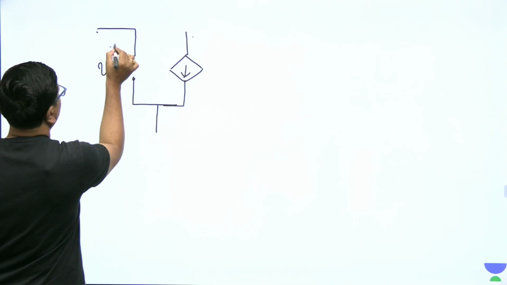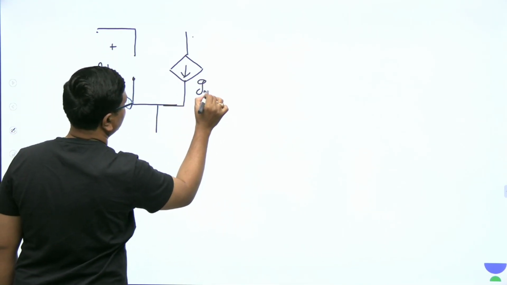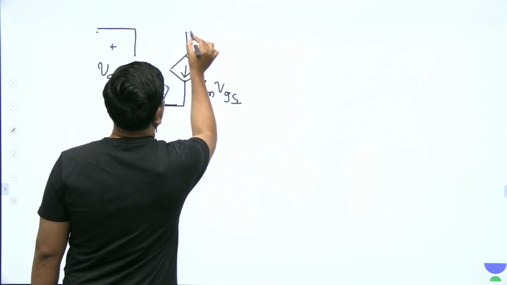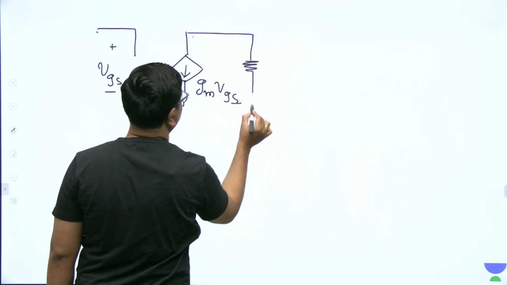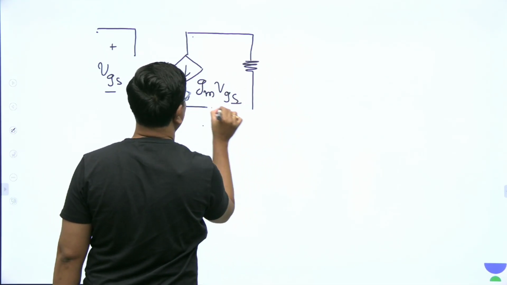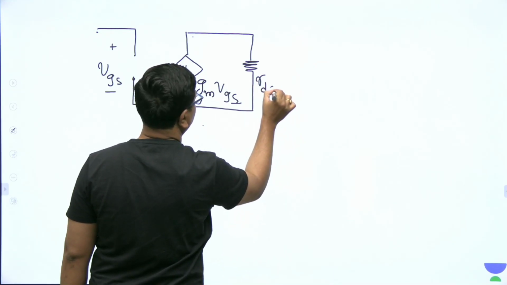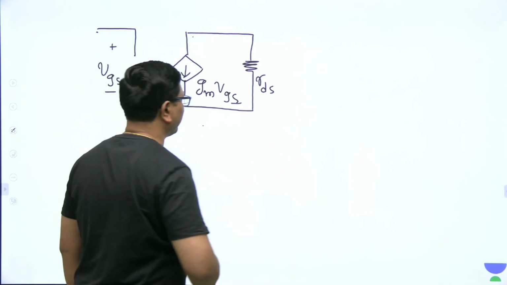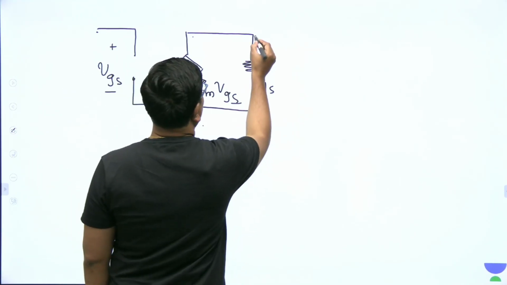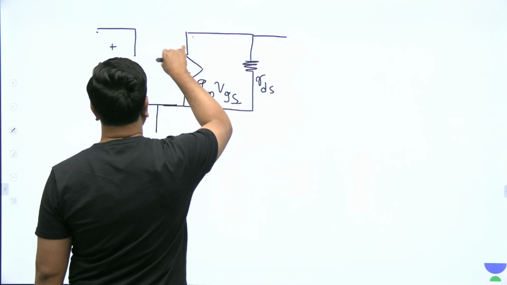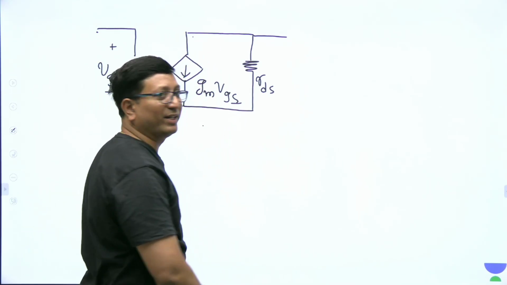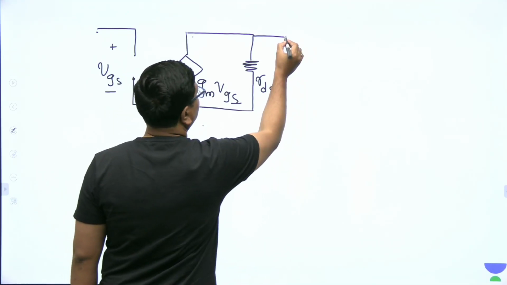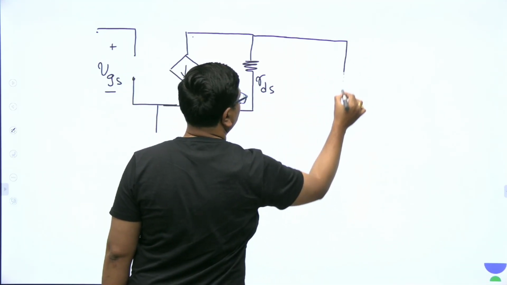We know it is gate to source voltage, and it is gm into VGS, in parallel with rds. We write small rd or small rds or ro, whatever you take, all mean the same. Instead of a symbol I am writing it as a small signal equivalent circuit. Next what we have is the drain resistance, capital RD.